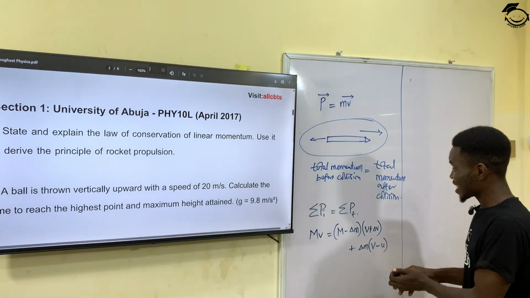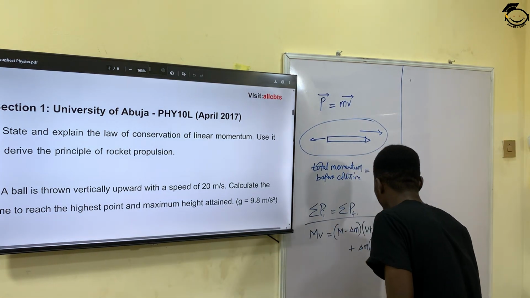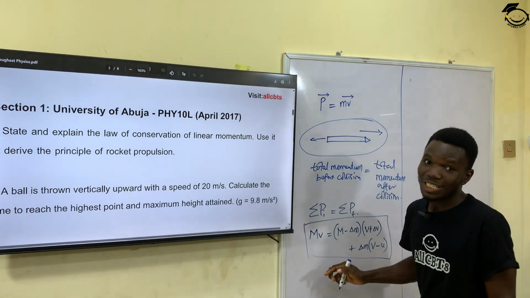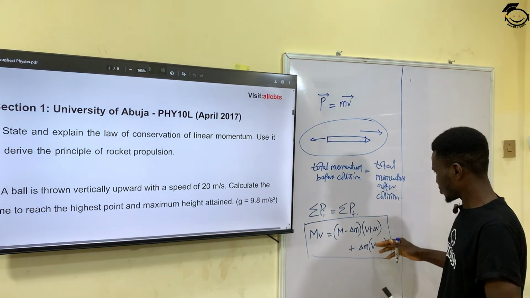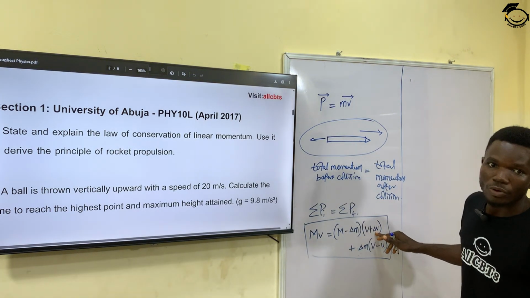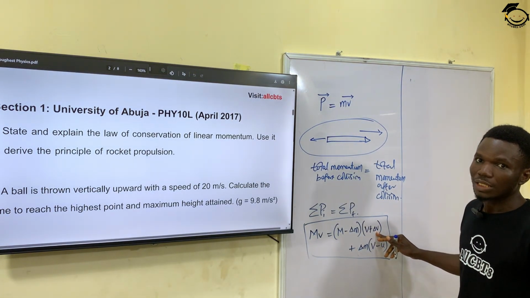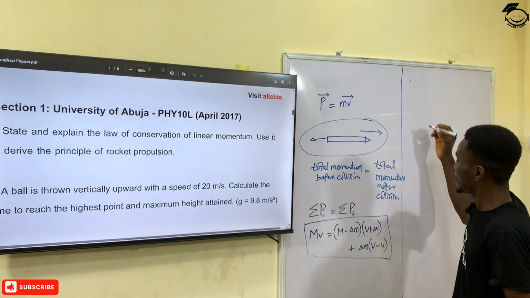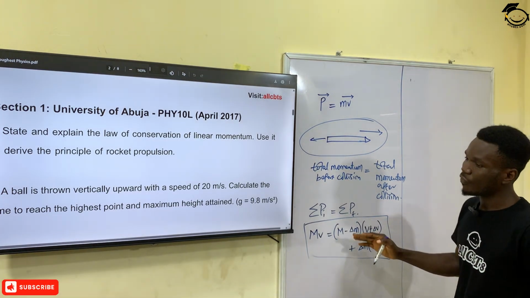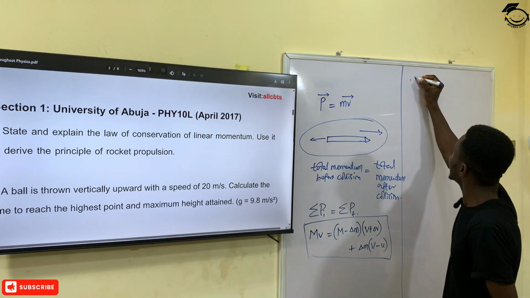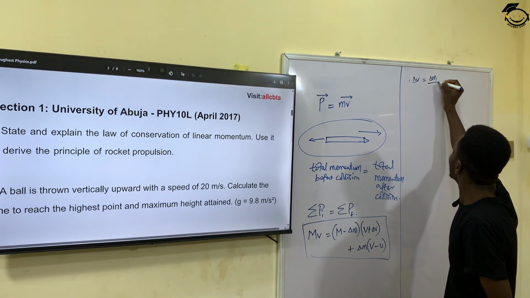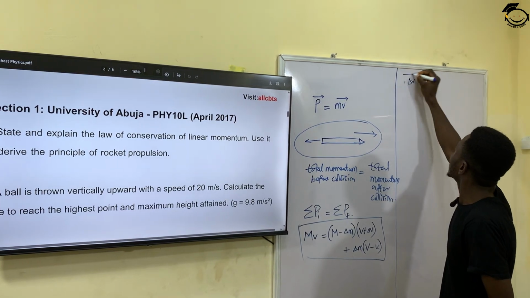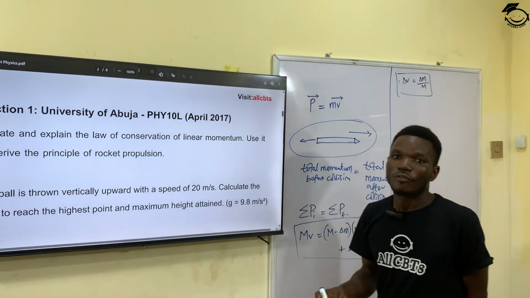So this here is what we call the rocket formula for calculating the velocity of the rocket when it expels that gas at that particular time. If at the end of the day you simplify it, you are going to have change in V equals change in M all over M. And this is your rocket formula.